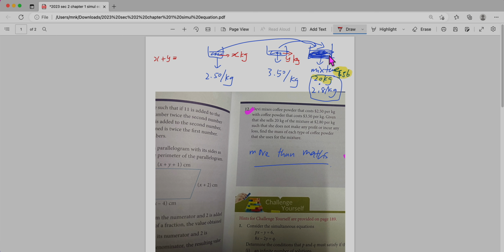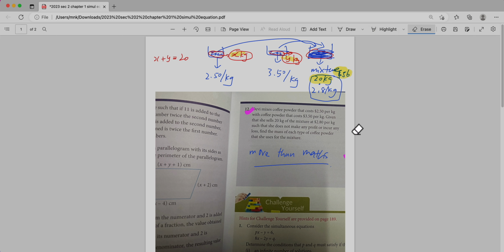This amount is x kg, this amount is y kg, and this amount is how many kg? 20. Yes, so kg plus kg gives you kg. That's why I highlight the two total parameters you have. So the x kg plus the y kg will give you the 20 kg. That's the first equation you have.